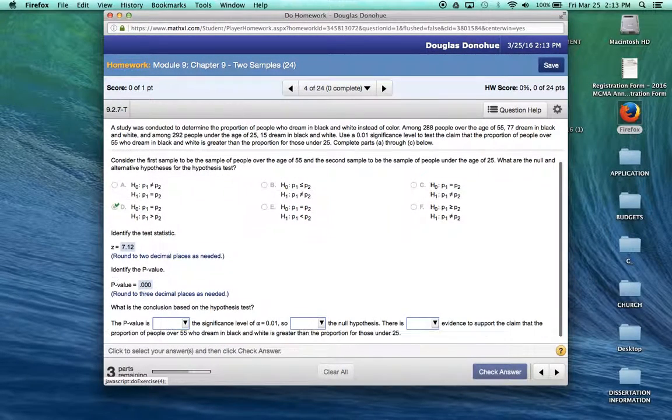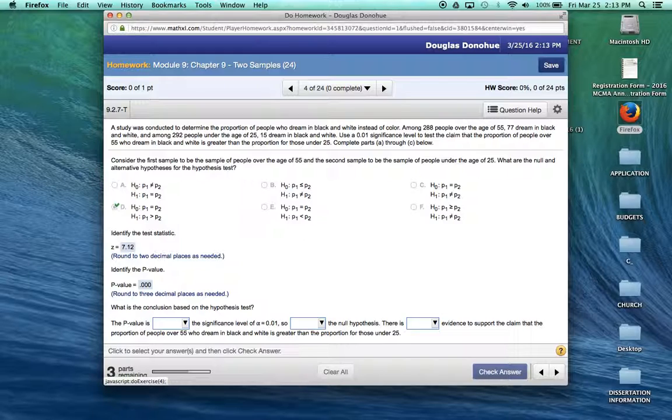Now, since the p is so low, the null must go. Right? The p-value is less than my alpha value. My alpha was 0.01 in this problem. Therefore, the null must go. So we reject the null hypothesis.